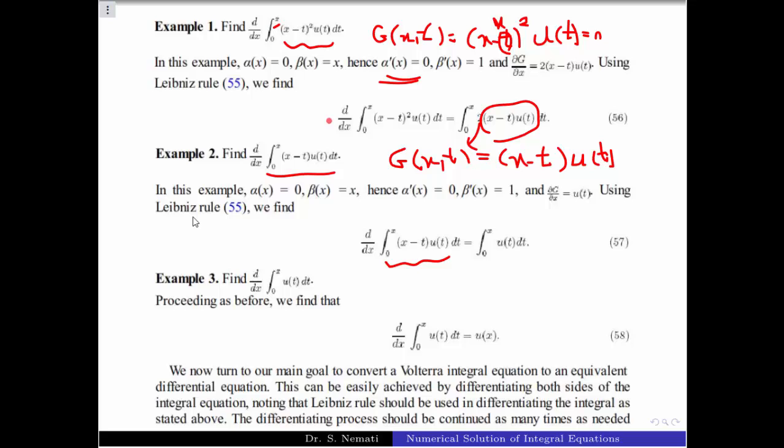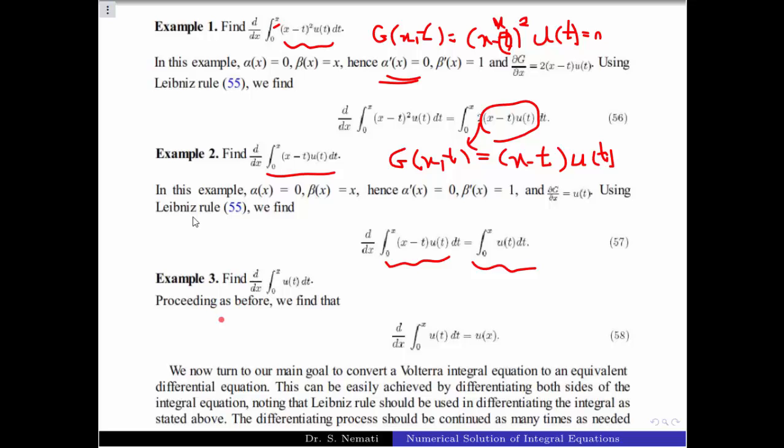So by taking the derivative two times from this expression, we will obtain something like this. Actually, I said you should consider these two also.